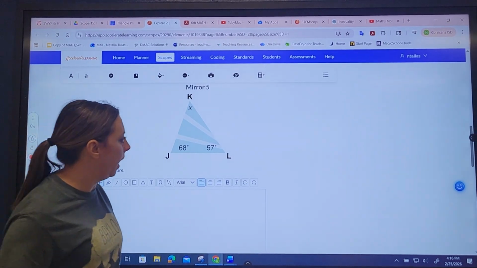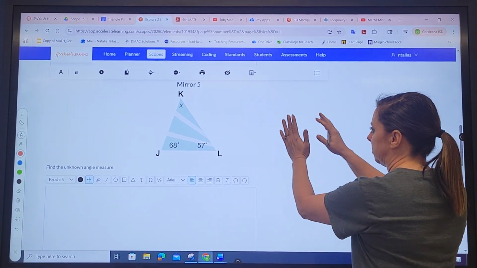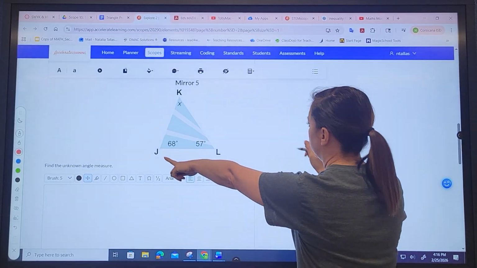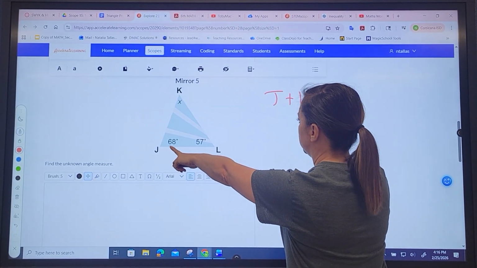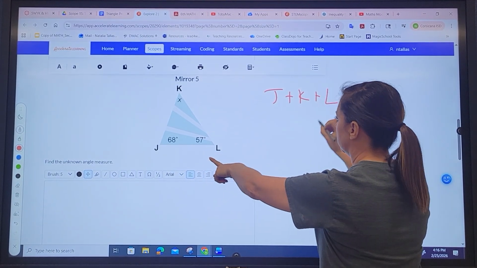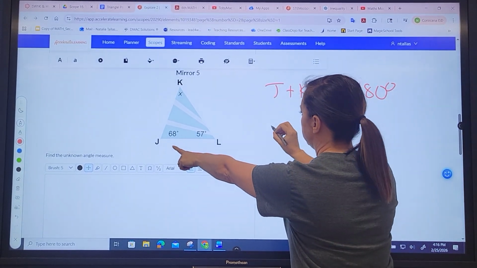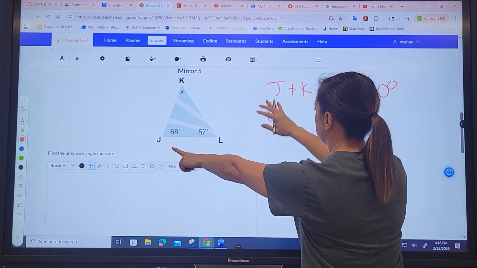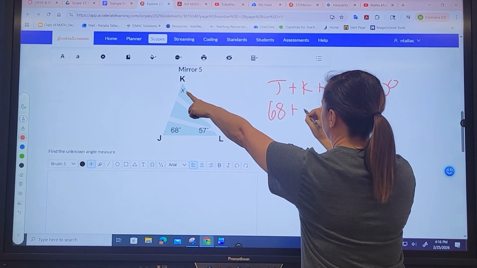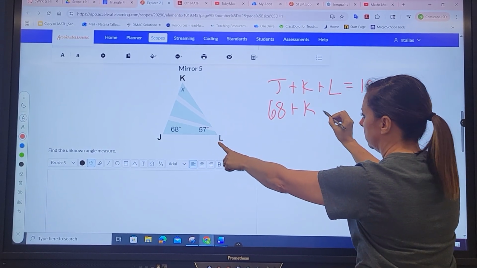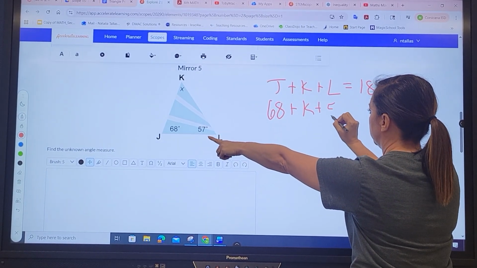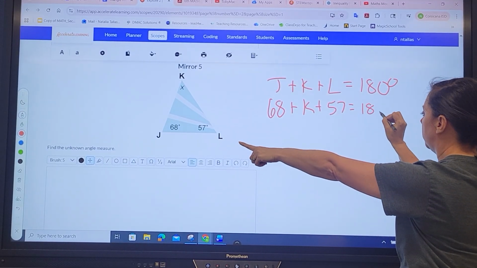Okay, mirror 5. So this time, instead of writing ABC first, I'm going to write J plus K plus L equals 180 degrees. J is 68 degrees, so 68 substituted for J. Does not give us K. I'm going to bring K down. Substitute 57 in for L equals 180.